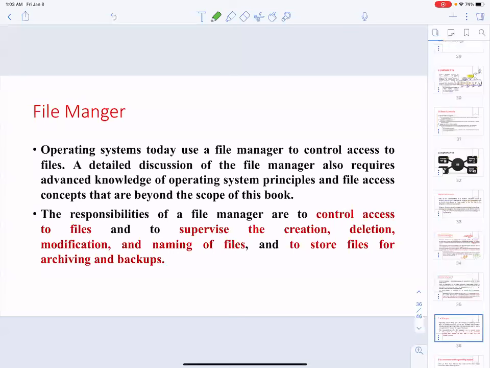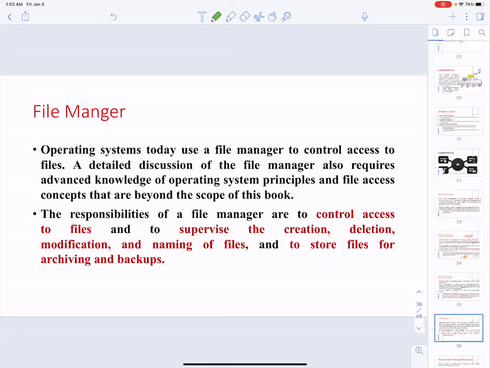Finally, the file manager. The last manager, as a component or sub-manager underneath the operating system, is the file manager. Operating systems nowadays use a file manager to control access to files. Those files could be file systems for the operating system itself, or file systems for the applications provided by the user.